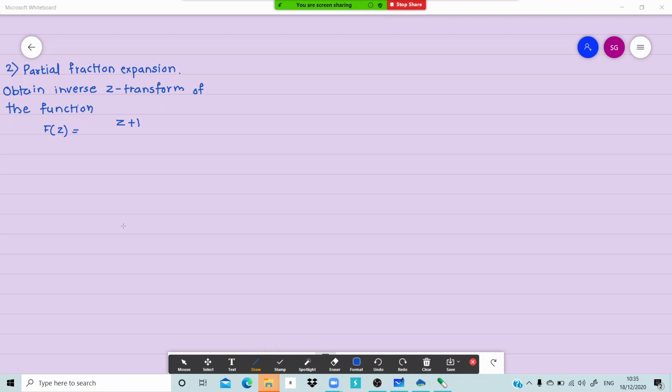Now whatever I have taken by partial fraction, you try to solve it by long division, right? Or the reverse case also, and see whether you are getting the same answer or not.